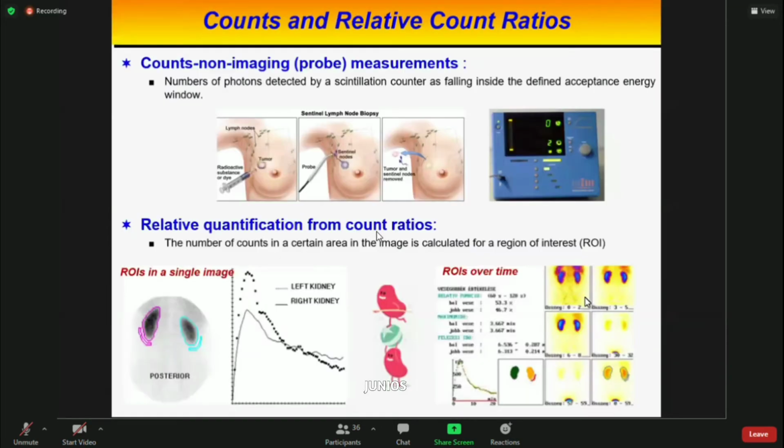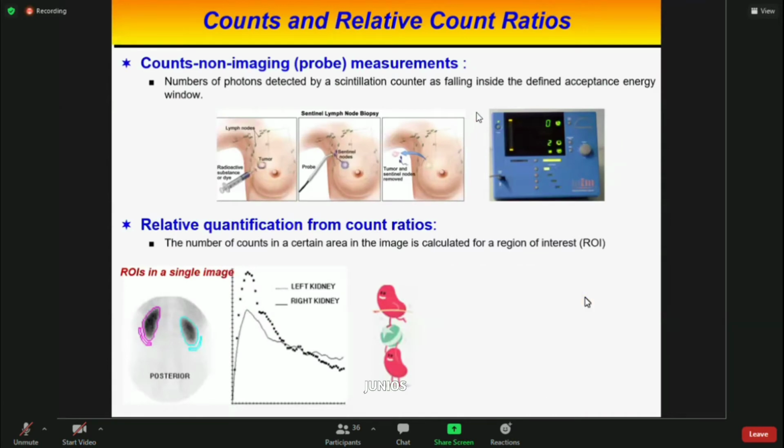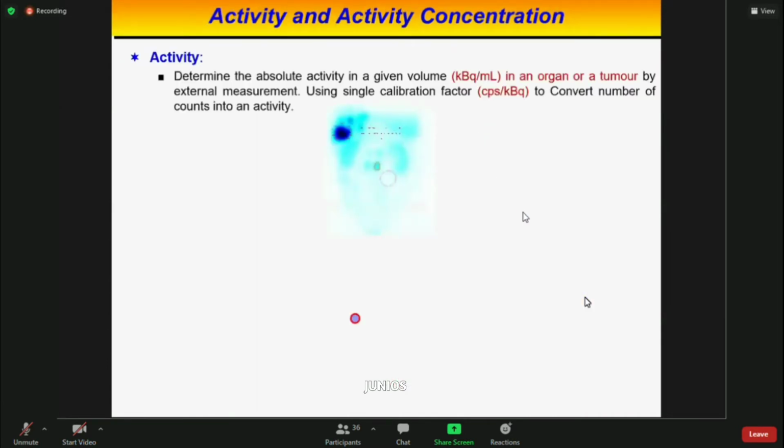Activity. Now I will explain this activity. What is activity? Activity is a measure of the number of nuclear transitions occurring per unit of time. The unit of activity is the becquerel, defined as one transition per second. The older unit, the curie, is in common use.